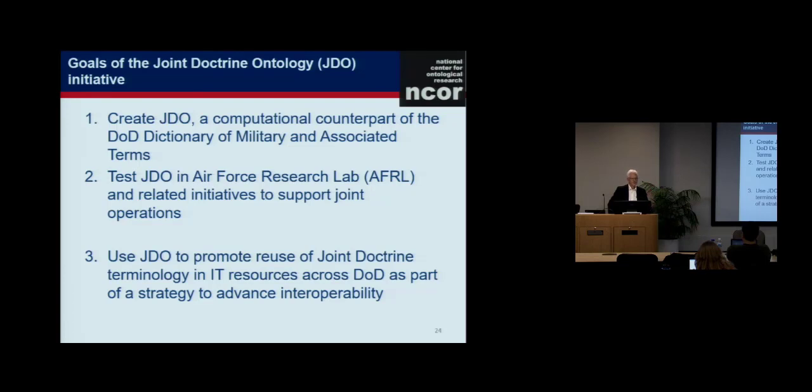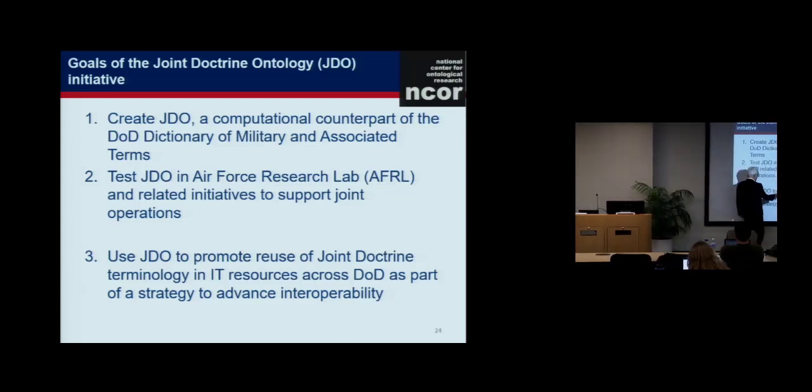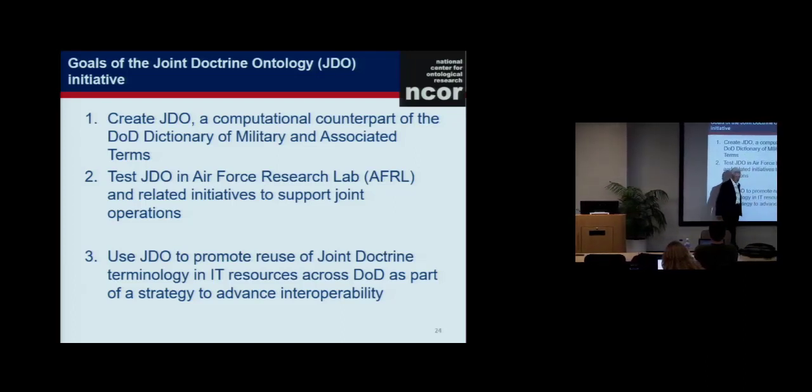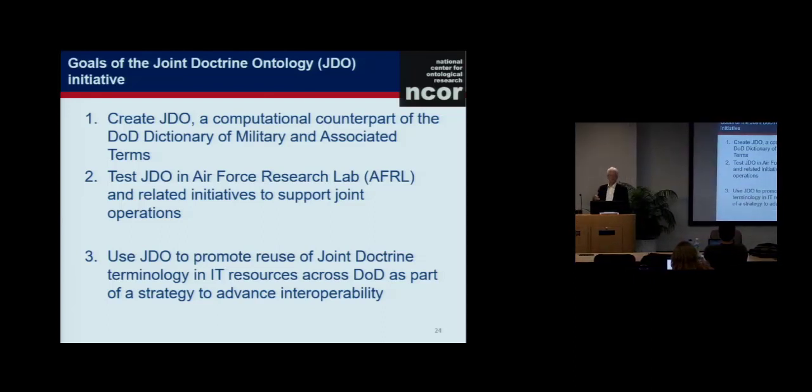conspicuously ridiculous. Now, the idea is to advance interoperability across IT resources in just the same sort of way that Joint Doctrine is trying to advance interoperability across the services, so that when commanders from the Navy issue orders to Air Force personnel, nothing will go wrong because of Joint Doctrine.